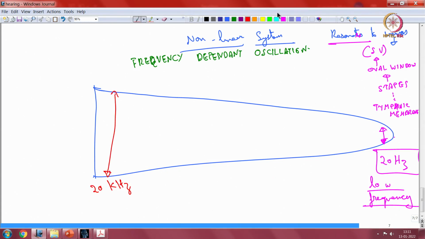So there is a gradient, a gradient of sensitivity to frequency, input frequency.